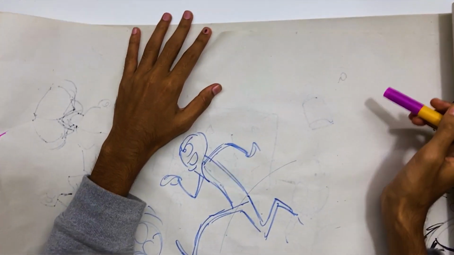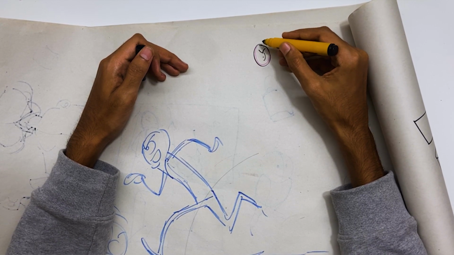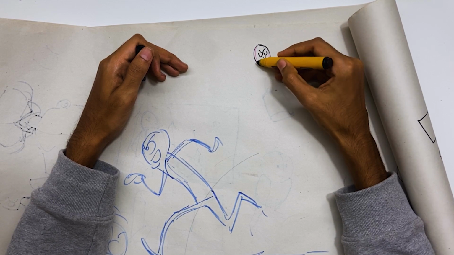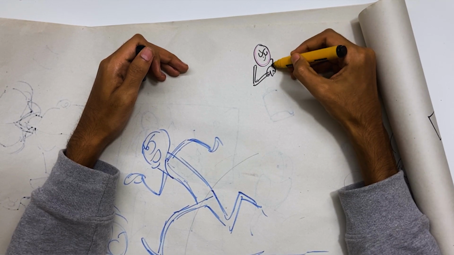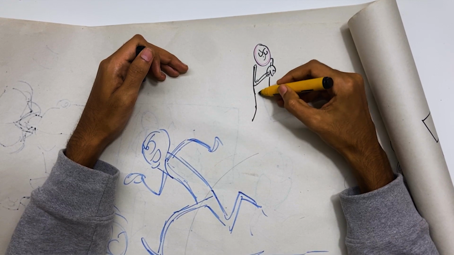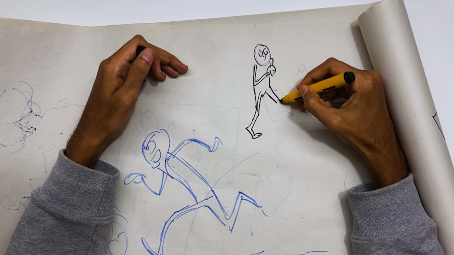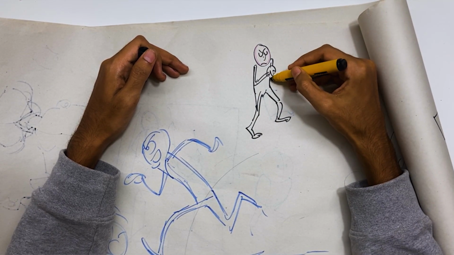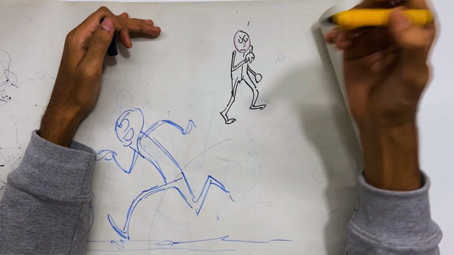For example, ठीक है, this is drawing number one.